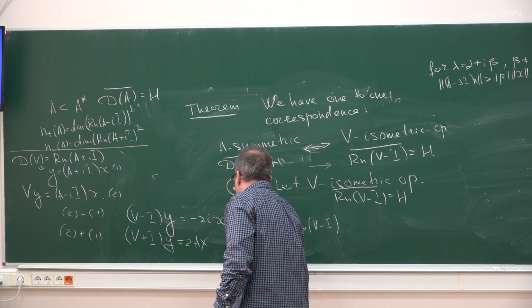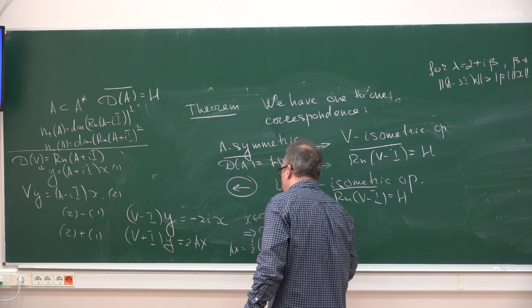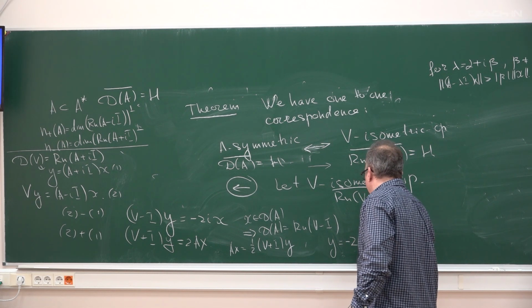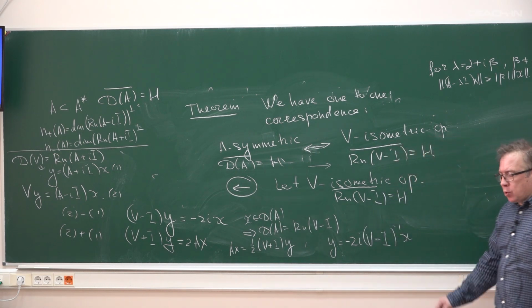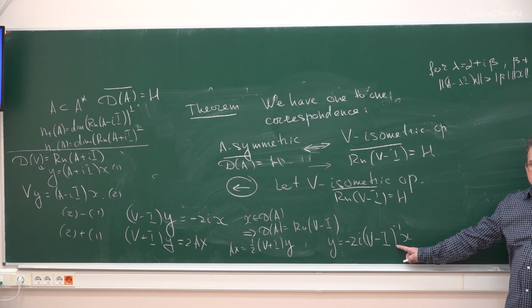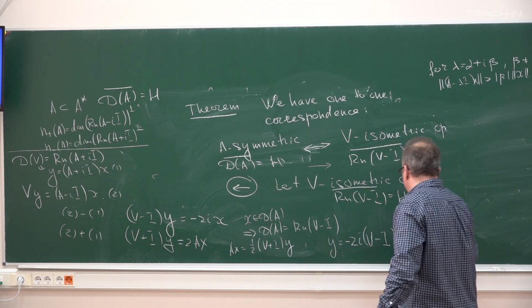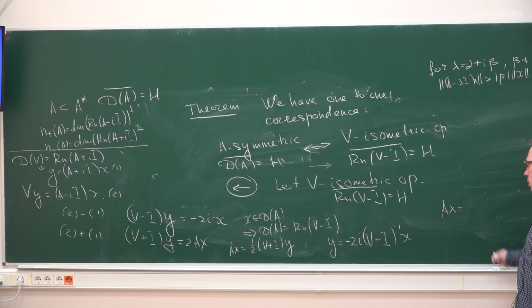And so AX is 1/2 V plus I Y, and we know that this operator exists, because we showed that 1 is not in the point spectrum. So if we put it here, we obtain that AX equals to what?